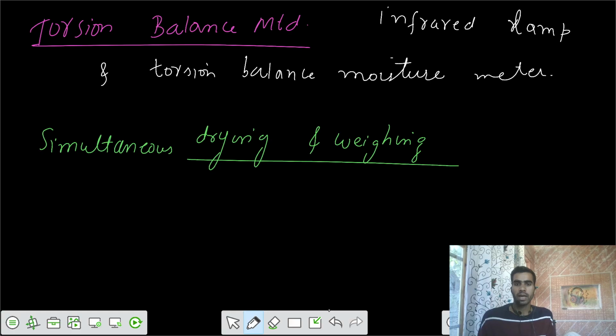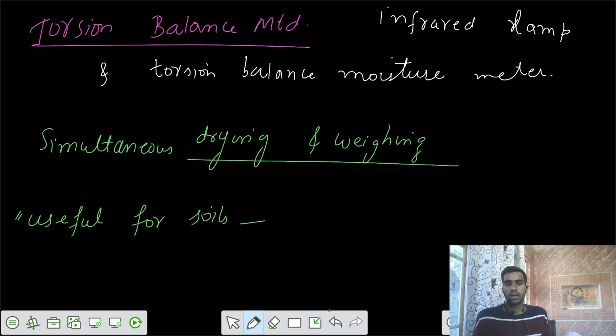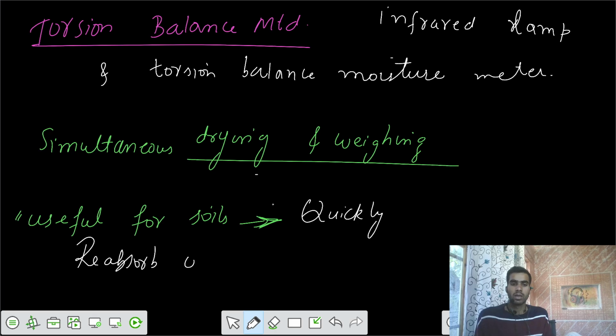This method is useful for soils that quickly reabsorb moisture.